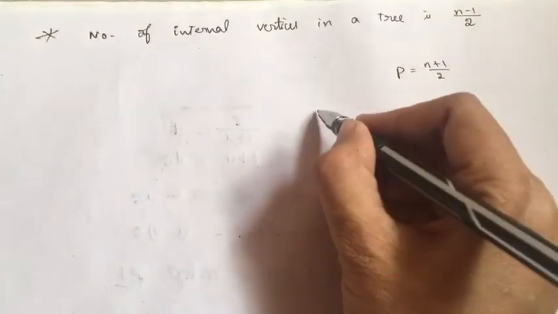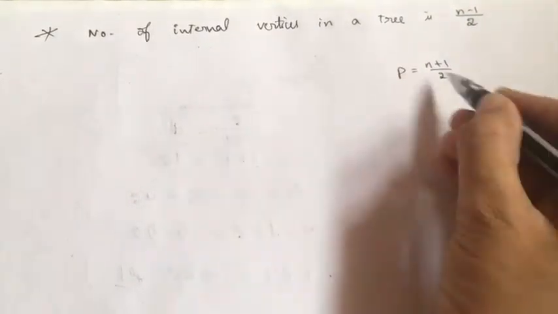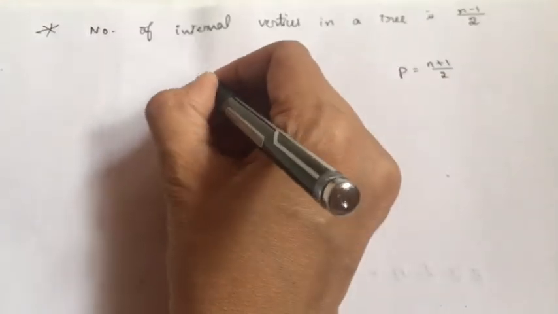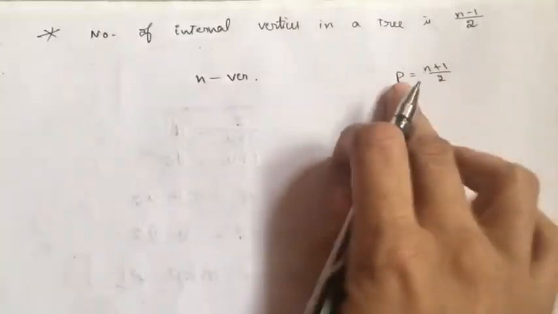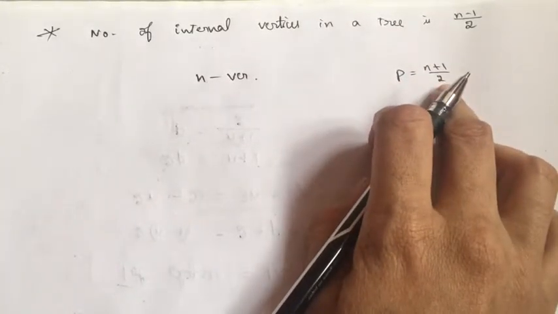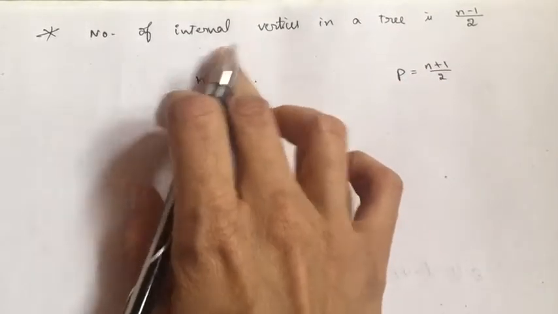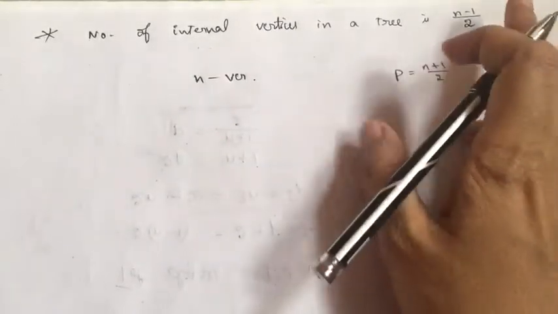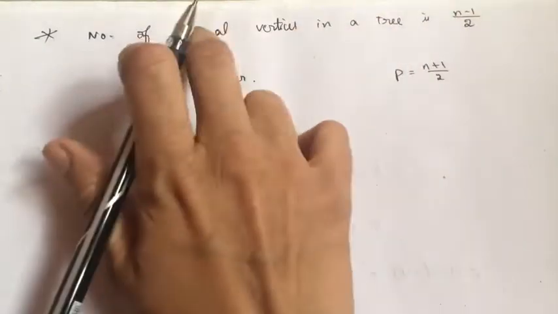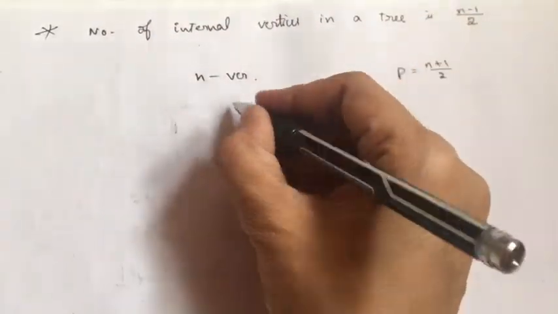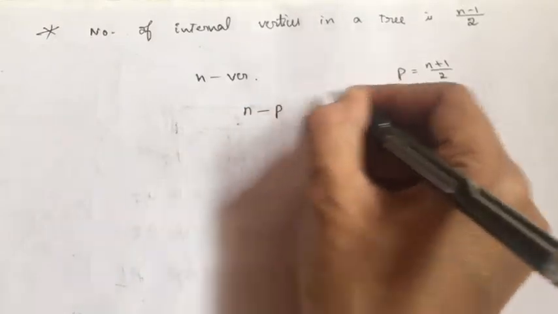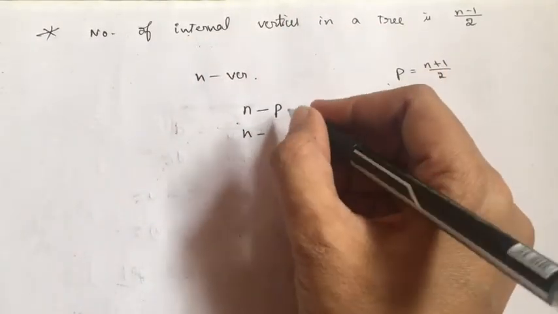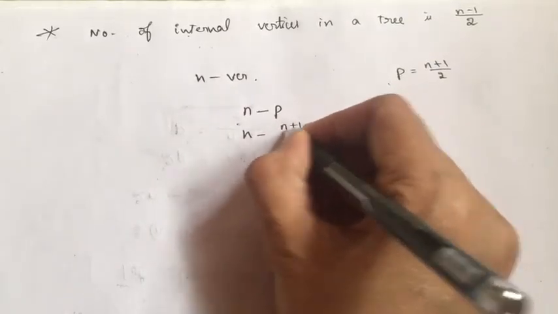If the graph has n vertices, then p pendant vertices are there. If I remove the number of pendant vertices from the number of vertices, then I am going to get the number of internal vertices.